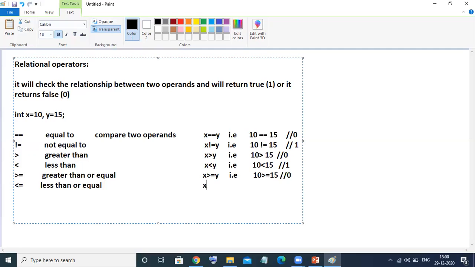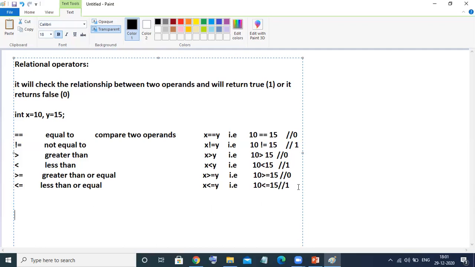And the last one is x less than or equal to y. Here, what is x? 10 is less than or equal to 15. It is not equal, but it is less than. If any one condition is satisfied, it will return 1.